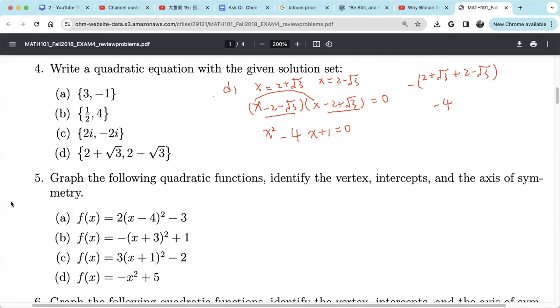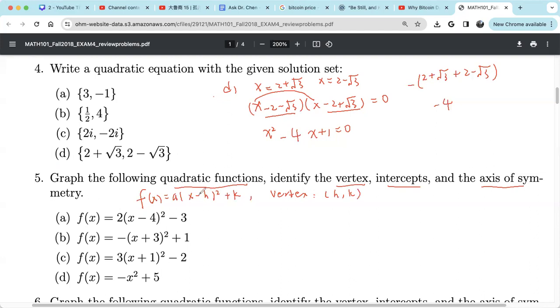Okay, now let's see 5. In 5, we want to graph quadratic functions and identify the vertex, intercepts, meaning x-intercepts and y-intercepts, and the axis of symmetry. So remember, when we write a function in the form a times x minus h squared plus k, then the vertex is h comma k.